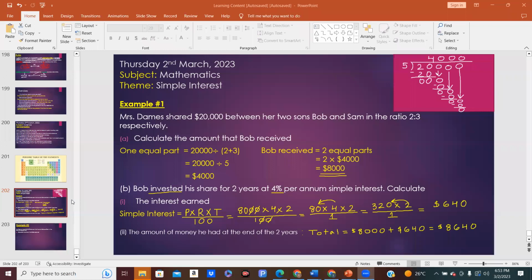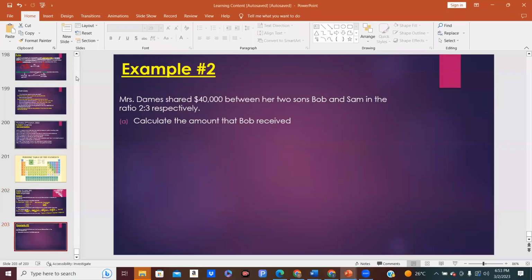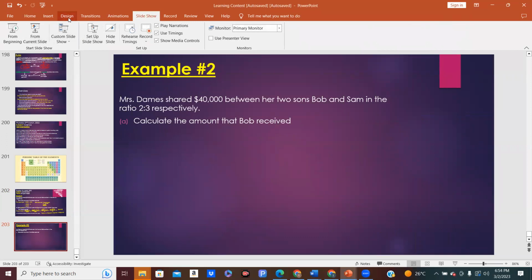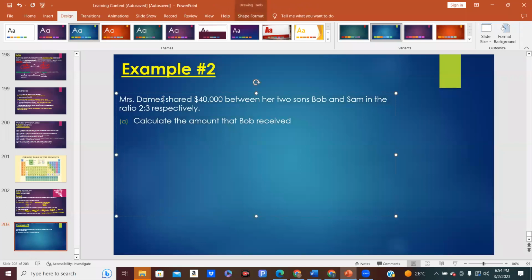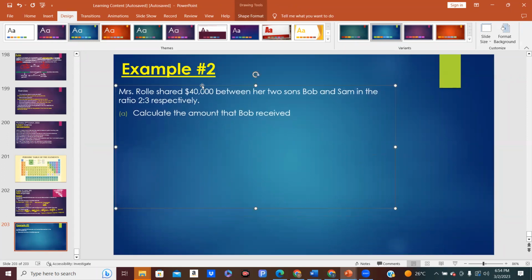Okay, so let's move on to example number 2. It's a straightforward application of what we're doing. I'm gonna change the name, so please do not write that down. Let's say Mistress Rose shared 40,000 between her 2 sons, Ryan and Dylan, in the ratio 3 to 5, respectively.